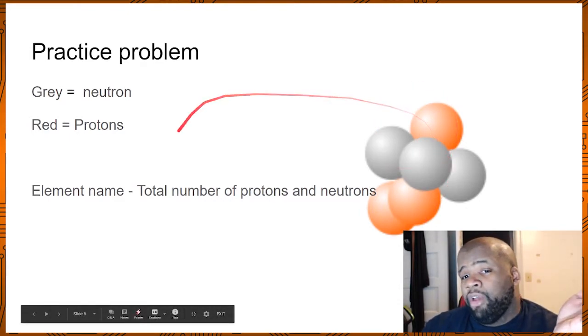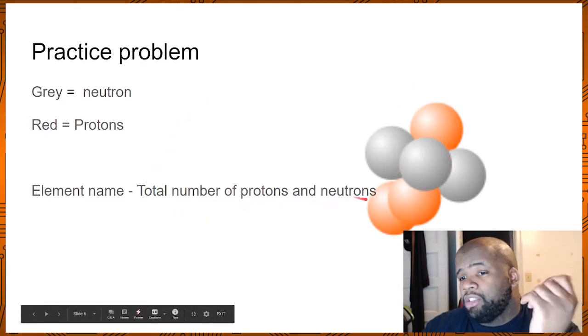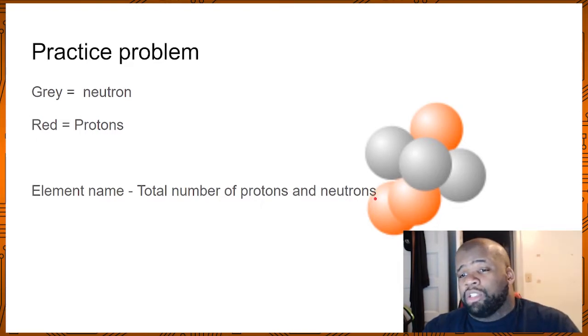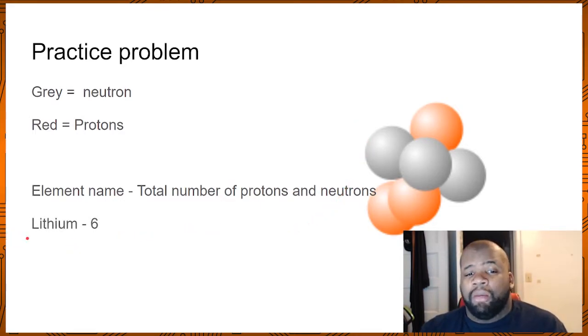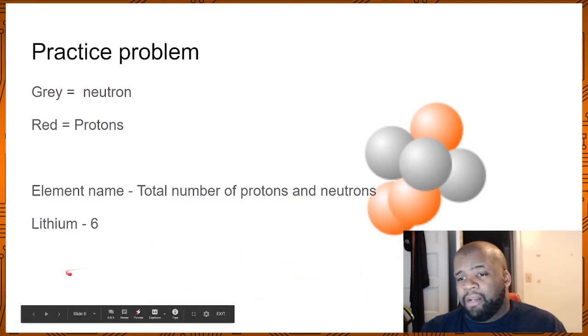So we have our total number of protons and neutrons, which is just protons plus neutrons. And that gives us our answer. We know our element's lithium. We have 6 protons and neutrons, so we call it lithium-6. This is the way you write it: you write the full name of the element, lithium-6. This is the name of this atom.